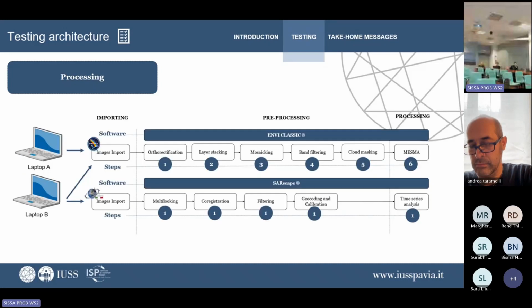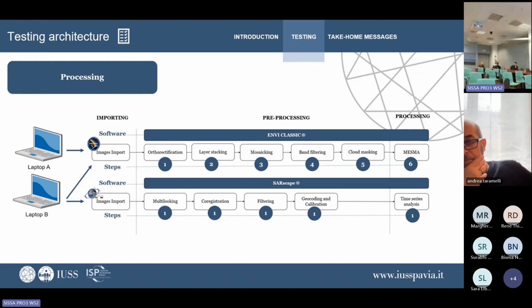Here you can see the workflow of the processing. We have 2 processing chains. The first one is implemented using the hyperspectral data, and in this case we have several preprocessing steps, from 1 to 5, and just 1 processing step.